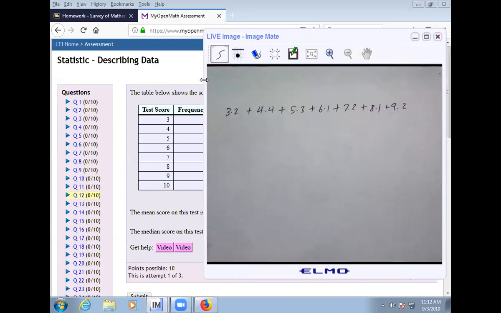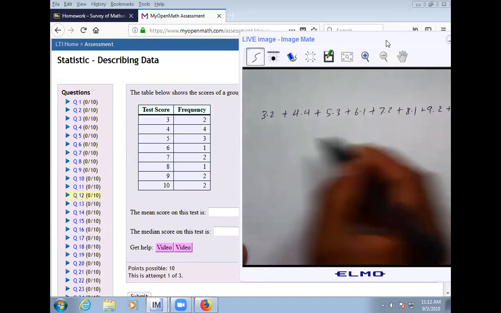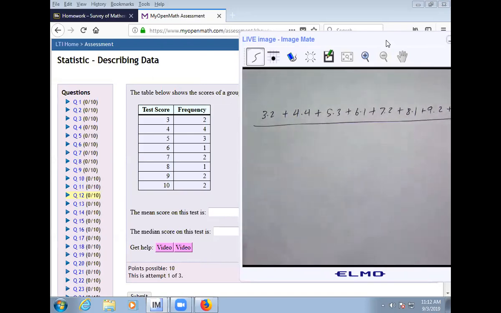Plus 10 times 2. That's the data value. Instead of adding 3 2 times, you can also multiply 3 and 2. Is that fine? Yes. Okay.